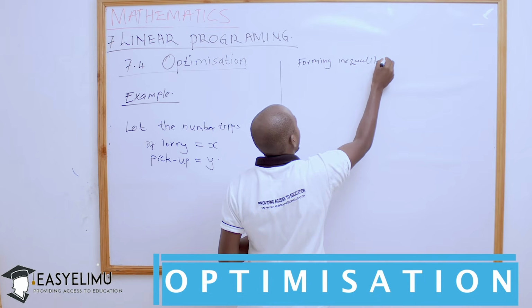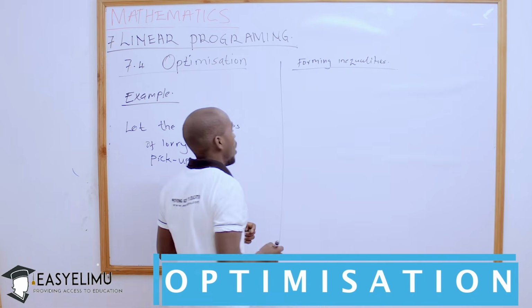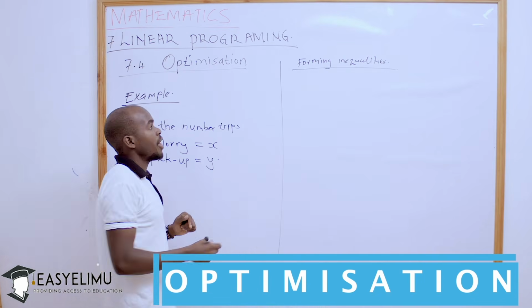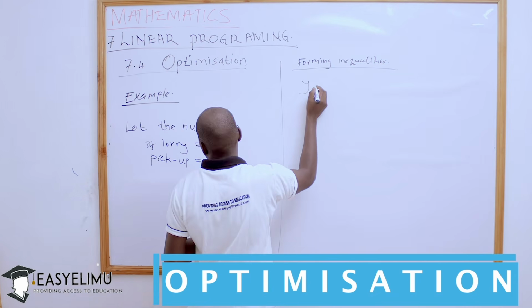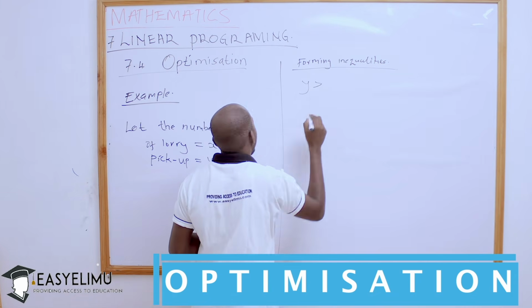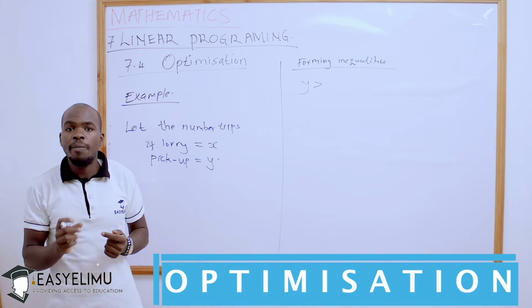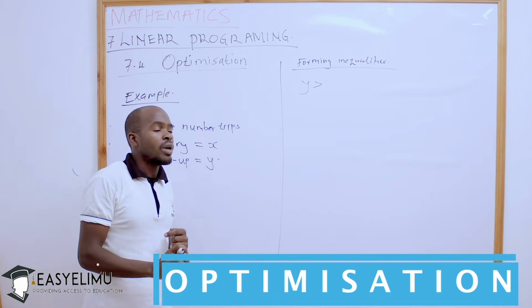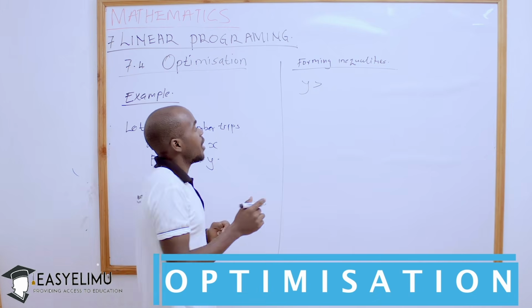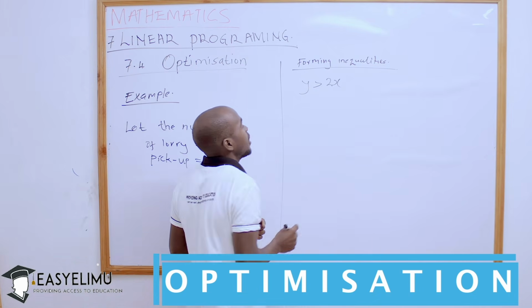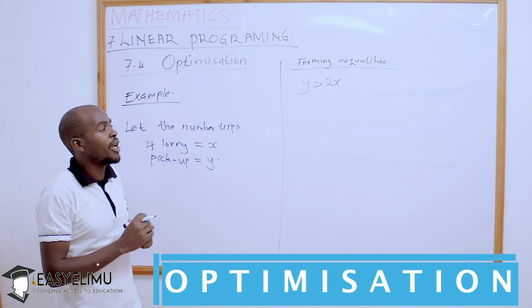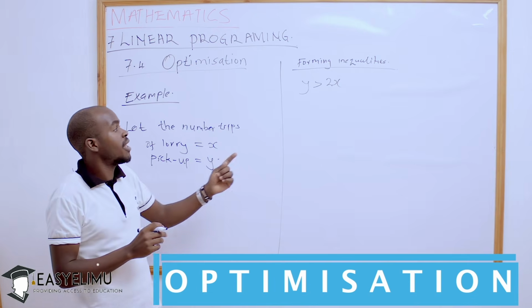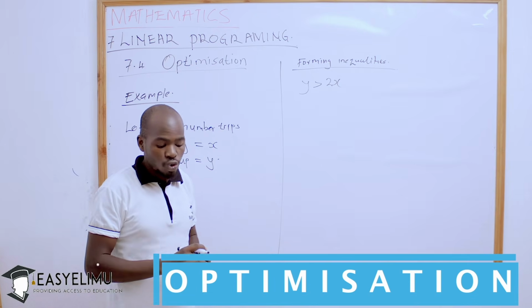We can form the first one. If the lorry is x, then the pickup has to make twice as many. So y is greater than 2x.